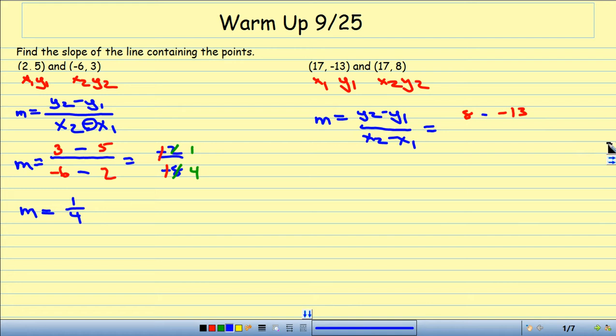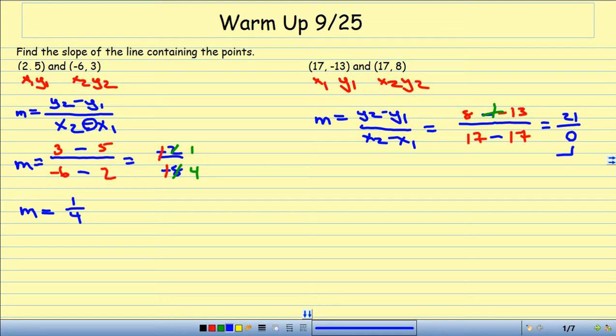And remember, I'm subtracting them. And that's all over 17, 17. And I'm subtracting, so minus a minus becomes a big giant plus. So 8 plus 13, that'll become 21. 17 minus 17, 0.